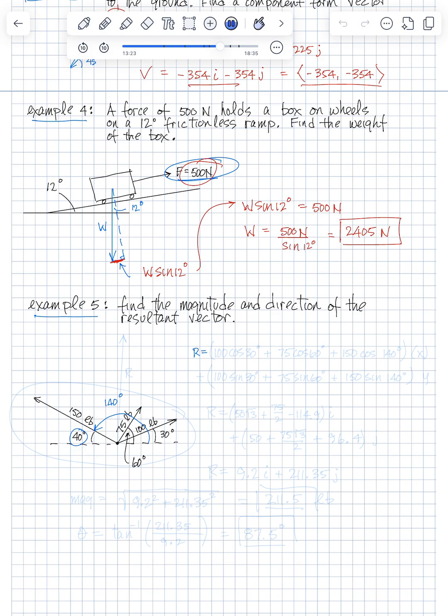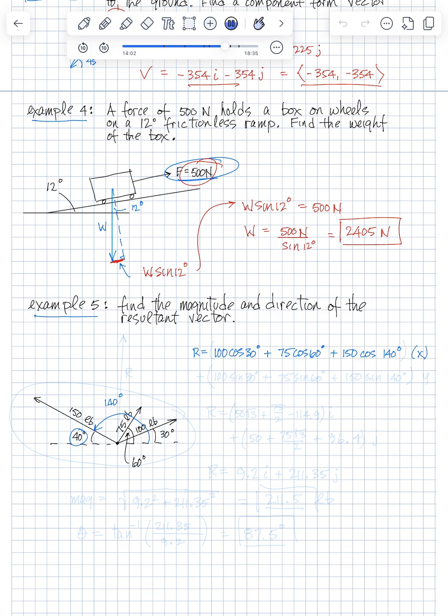For the first one, the 100 pound force is 100 cosine 30 degrees. For the second one, it's 75 cosine 60 degrees, plus the third one is 150 cosine 140 degrees. So these are all the x components.